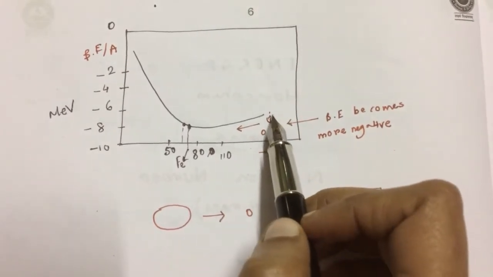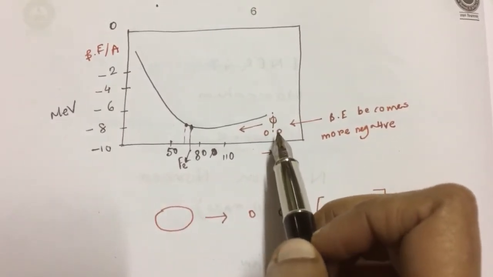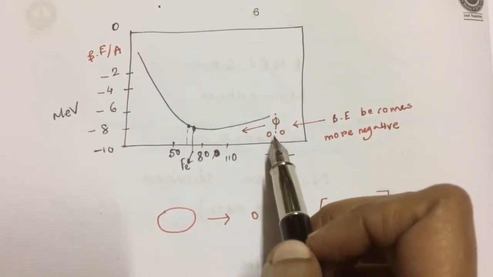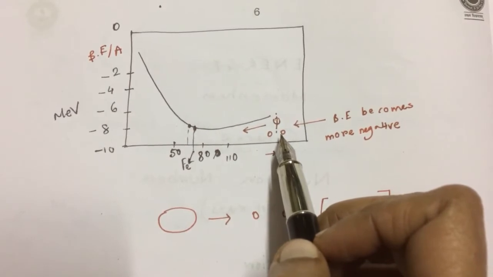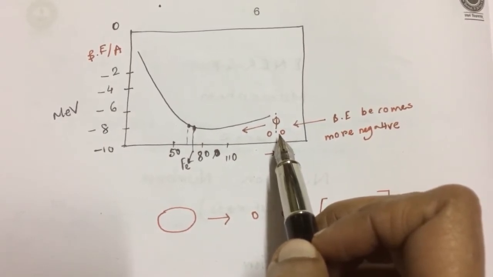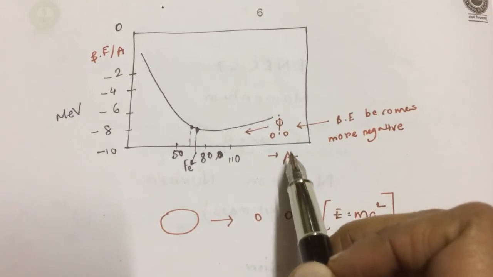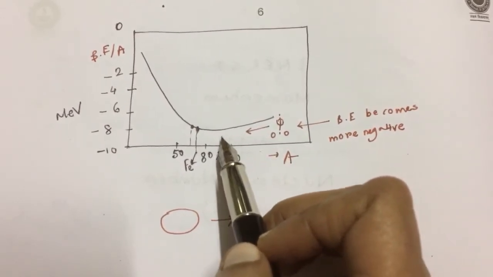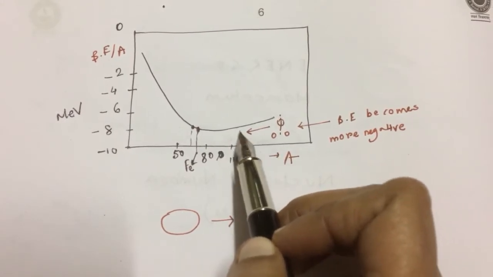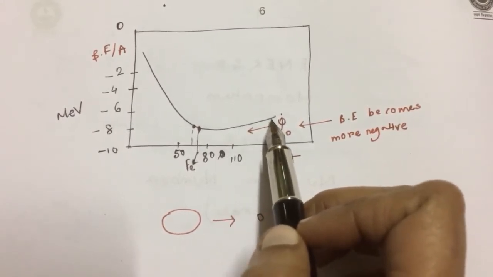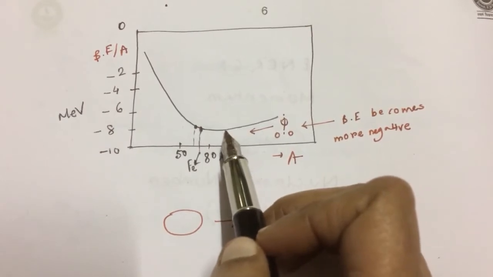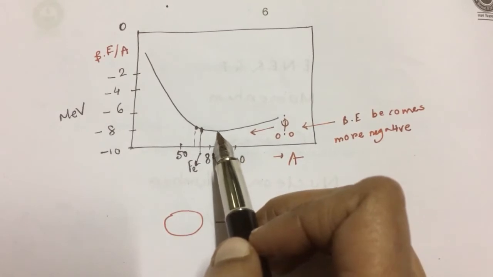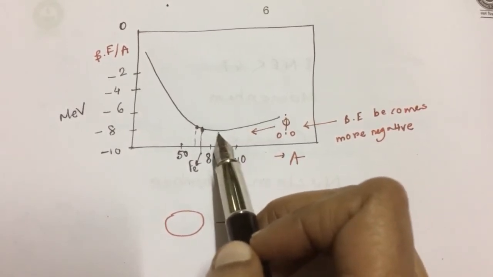If a bigger nucleus, for example a uranium, splits up into two smaller fragments, which means for smaller fragments the A value will decrease in this direction, and if we walk along the binding energy graph in this direction, we can see that the binding energy is becoming more negative in this left hand side direction.